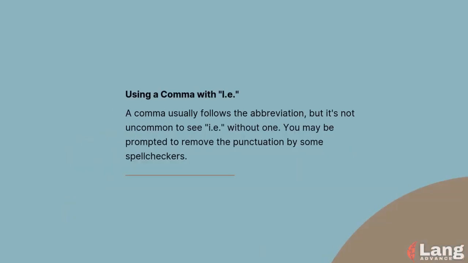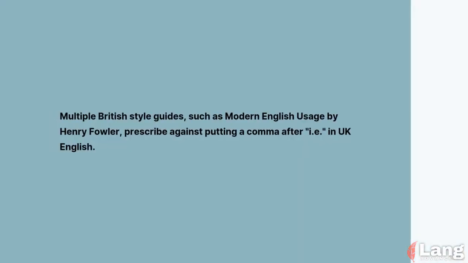Using a comma with id est. A comma usually follows the abbreviation, but it's not uncommon to see i.e. without one. You may be prompted to remove the punctuation by some spell checkers. Multiple British style guides, such as Modern English Usage by Henry Fowler, prescribe against putting a comma after id est in UK English.